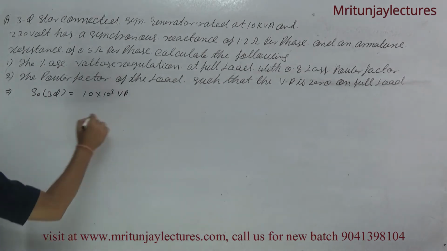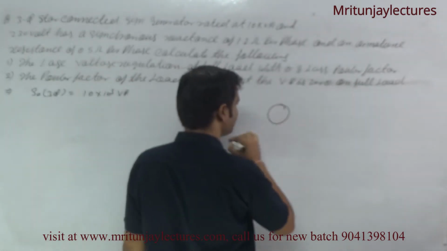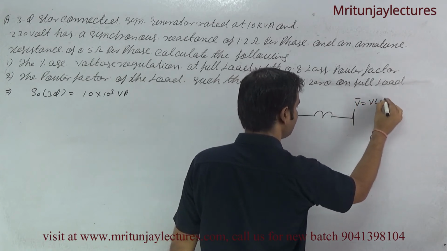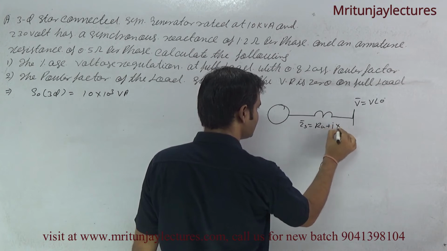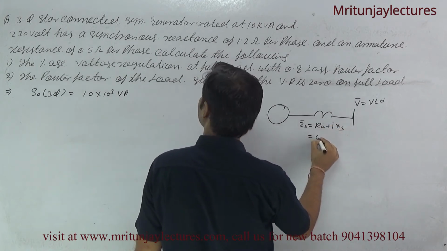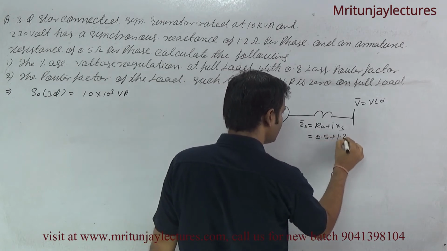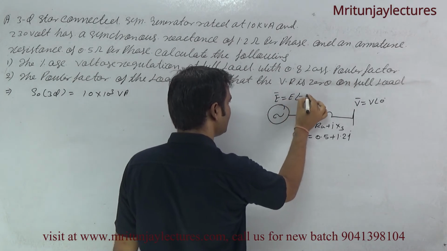Since this is a synchronous generator, it is represented like this: V is equal to V at the angle 0, Zs is written as Ra plus jX, which is 0.5 plus 1.2j, and E is equal to E at the angle plus delta.